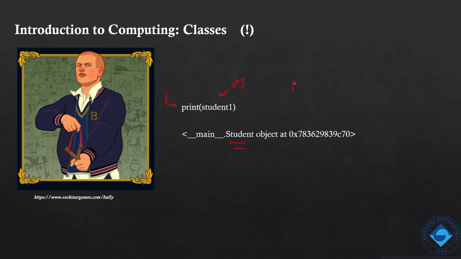If you remember, if I write print type of 5, it was showing this object's class. It was integer, right? So it is likewise. Even if I don't write the type function, just the object, it will show the class. It is the student class.